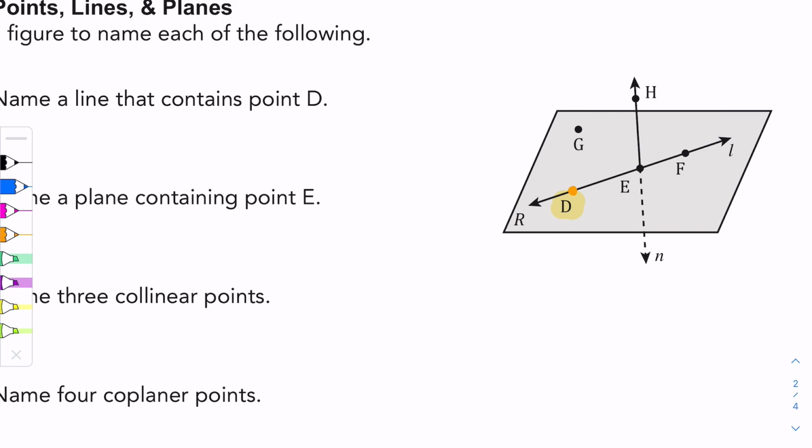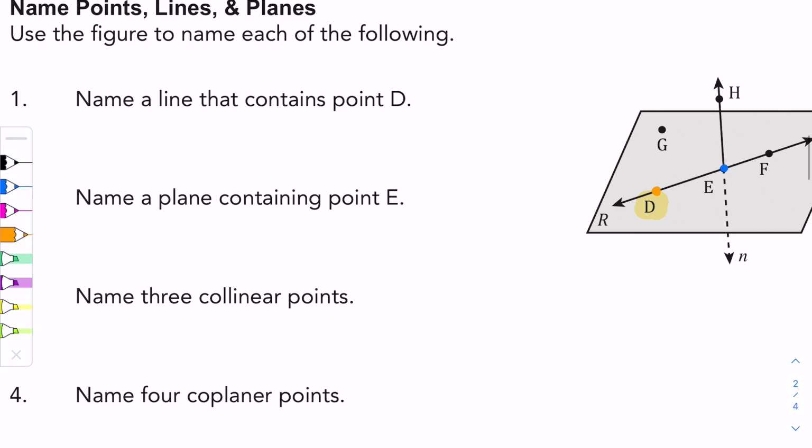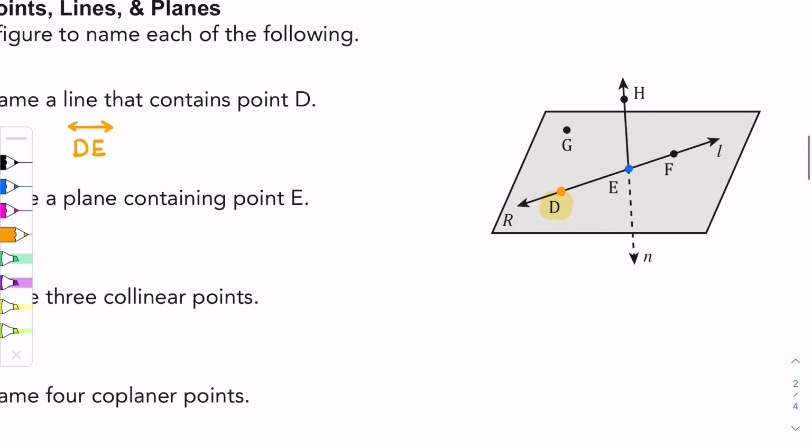So pick one other point. I'm going to pick point E. It's the closest one to it. Clearly, the line intersects both D and E, so I can label that line as line DE. And don't forget to put the correct symbol above the top. It's a line with an arrow in both directions.